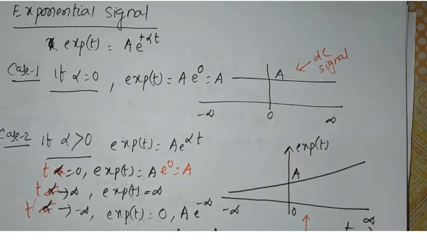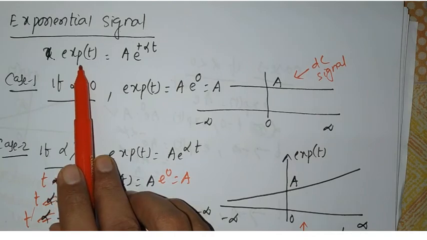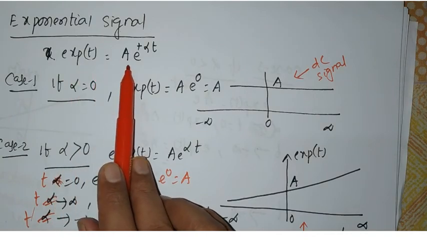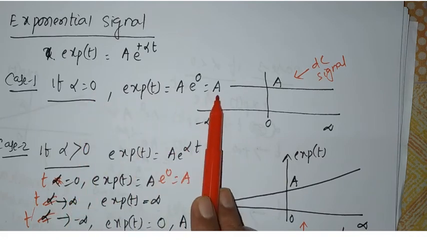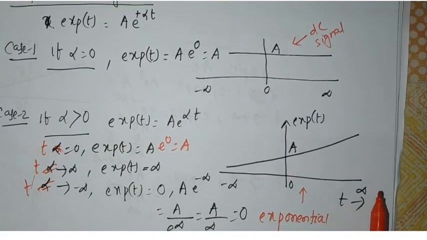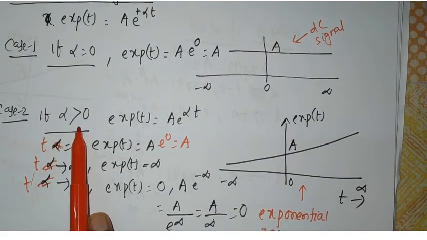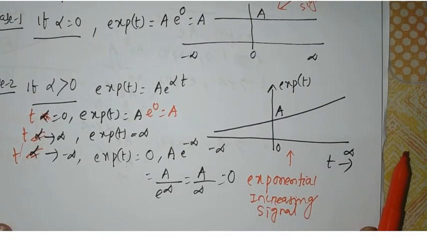Okay, now again I want to summarize. This is a very important exponential signal. It is represented by exp t equals a e to power alpha t. When alpha equals 0, we are getting simple a, that is a DC signal, and when alpha greater than 0, we are getting an exponential increasing signal.